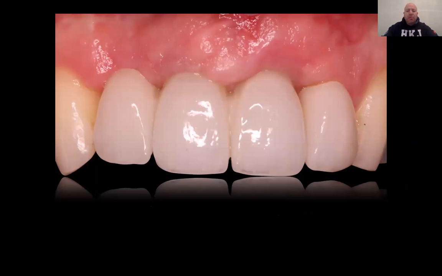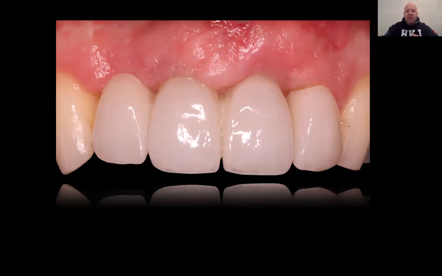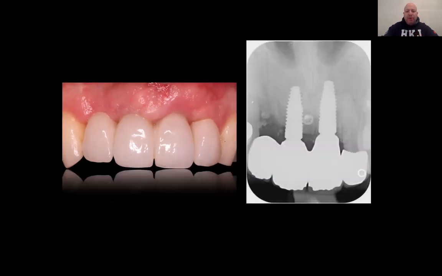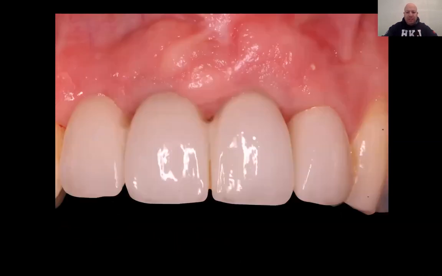Now, this is a case where if we had done it all together as one stage, we could have lost lots of vertical bone and gum. So the staged approach was important. And you could see we used the fixed temporization, which helped us at more than one level. But also, it was important to choose the right type of bone for the right indication.